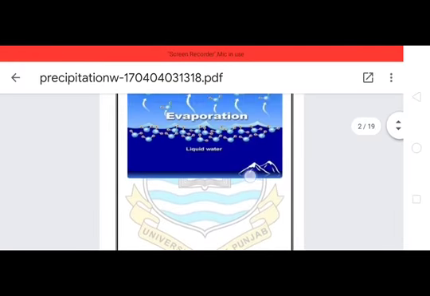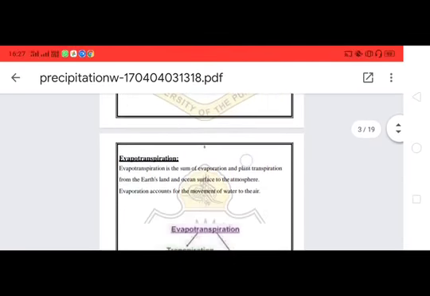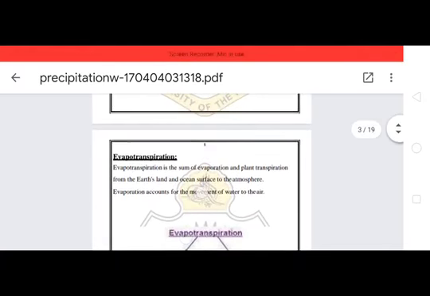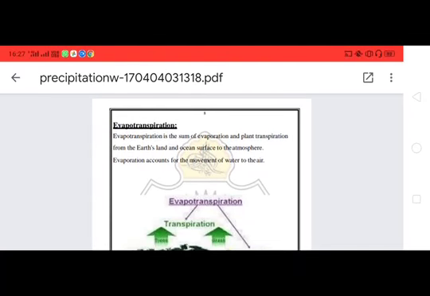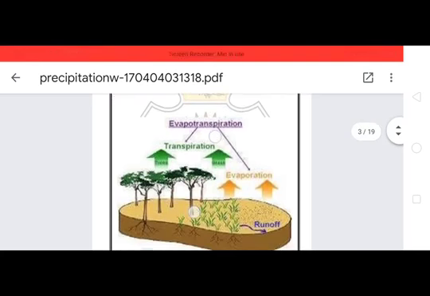Then we have evapotranspiration: evaporation, as we discussed in the previous point, and transpiration. What is transpiration? It is a process by which underground water reaches the atmosphere through trees. It goes first through the tree root, then gets evaporated from the tree leaves.